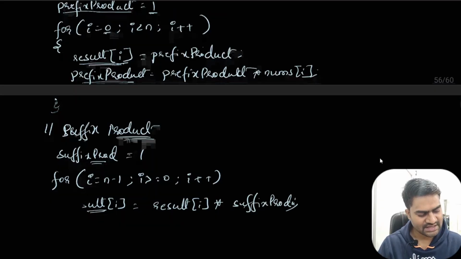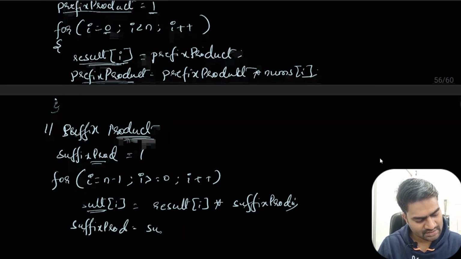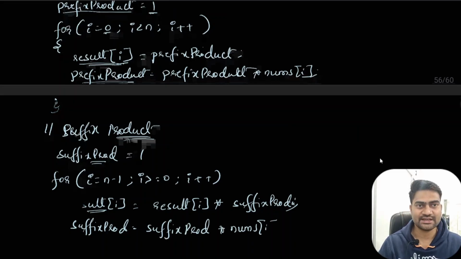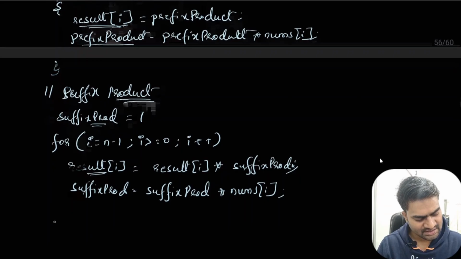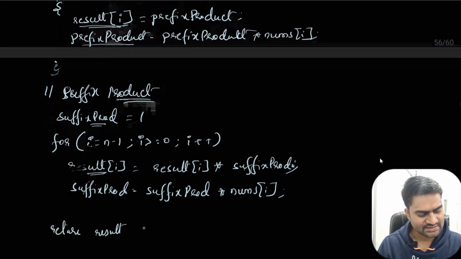After this I will update my suffix product equal to suffix product into nums of i. Correct, right? This is pretty much simple and straightforward. Then at the end, finally, I will return my result array.